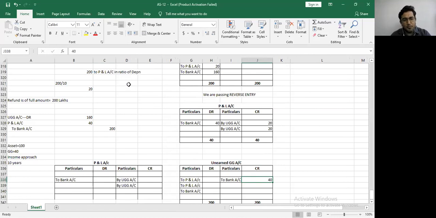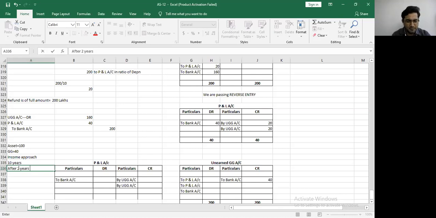How will you transfer to the profit and loss account? In what ratio? In the proportion of depreciation. What's your proportion of depreciation in the question that I have taken? Are you sure it is 10 rupees per annum?